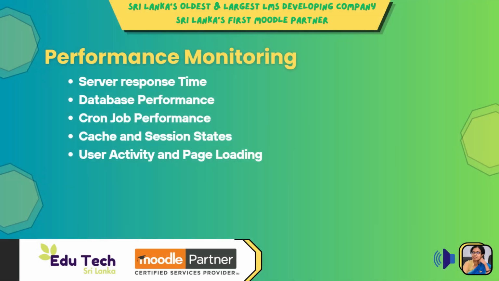Let us discuss performance. A slow LMS is essentially a dead LMS. In the past, Moodle was primarily used to share PowerPoint presentations, but today its role has expanded significantly. It's now used for exams, communication, attendance, and much more. Therefore, optimizing the CPU, RAM, and database is essential for maintaining performance.